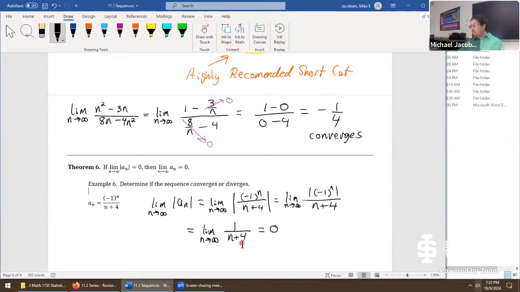The reason being, if you have degree 1 in the denominator, not numerator, and degree 0 in the numerator, then the denominator grows without bound, and your quantity gets closer and closer to 0 as n gets larger and larger. So in the limit, the whole thing is exactly 0.